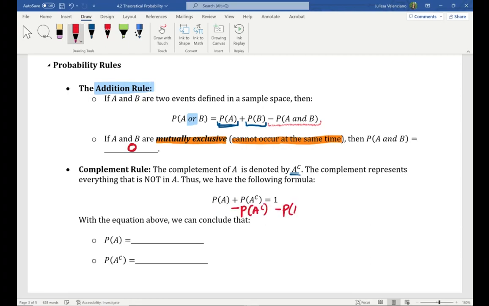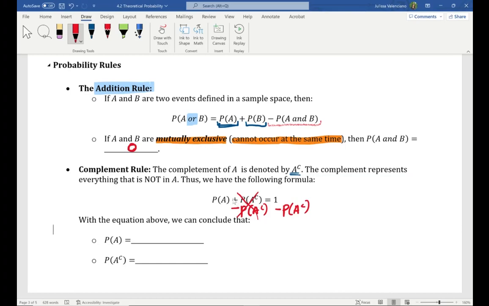We can go ahead and rearrange this equation. For example, we can say, why don't we solve for P of A? What is P of A equal to? If I want to solve for P of A, I would go ahead and subtract by the probability of the complement of A. And I would do this to both sides. Why are we subtracting by the probability of the complement of A? Well, because we want to leave P of A by itself.